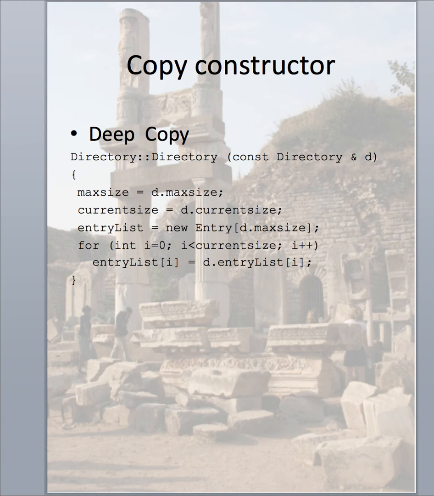So in this example, for some class called directory, here we've defined a copy constructor. And what this does is it copies over all the data. Some of the data obviously is not dynamic, but that's okay. It's simple values like the max size.